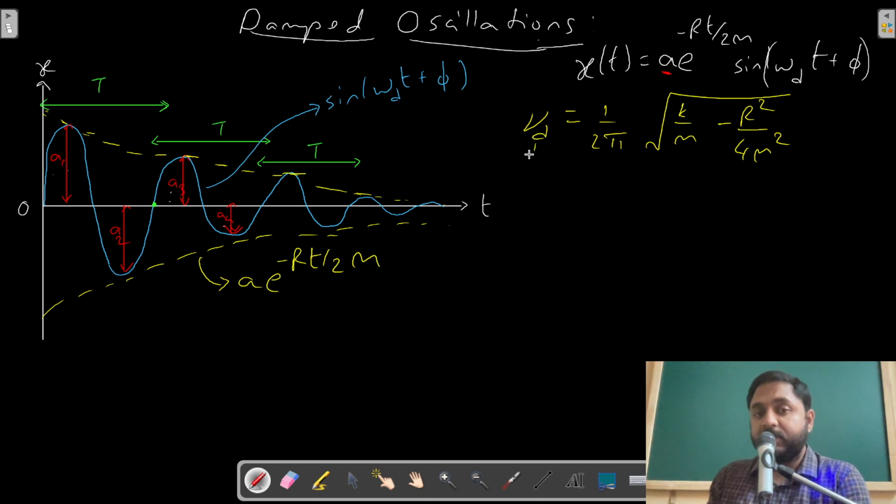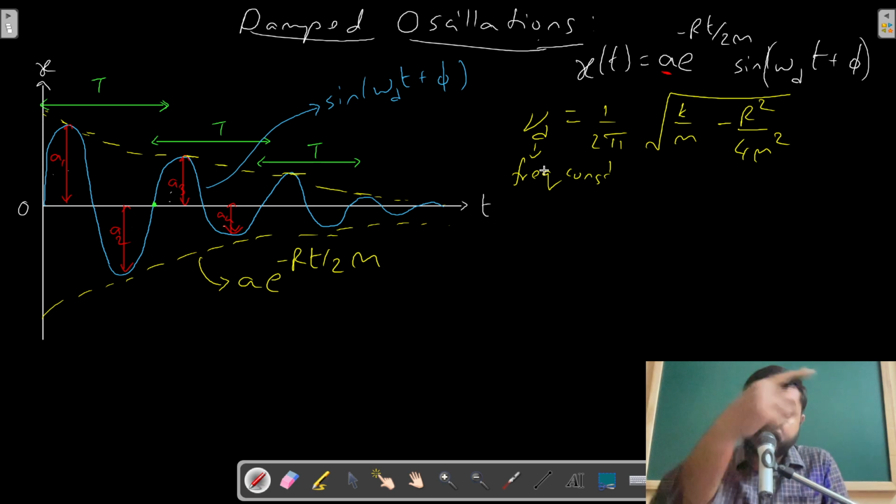That is why, if you notice carefully, the time period remains the same. The time it takes to complete one oscillation is the same for the second oscillation and again the same for the third. So the frequency and therefore the time period both remain constant.